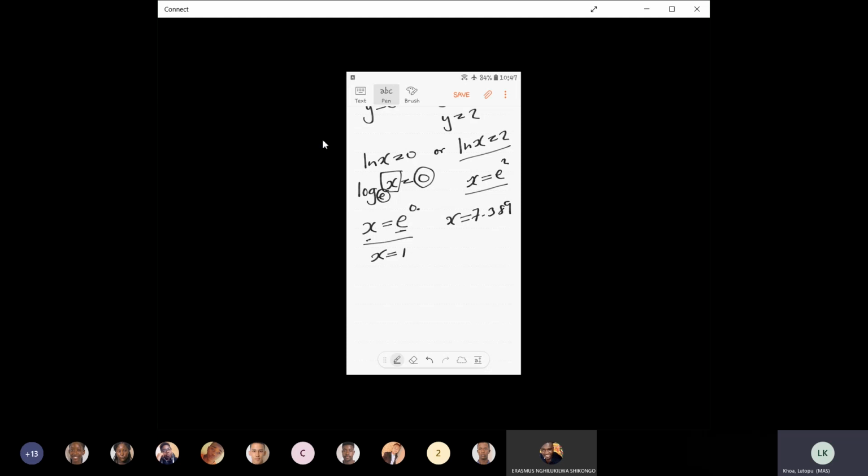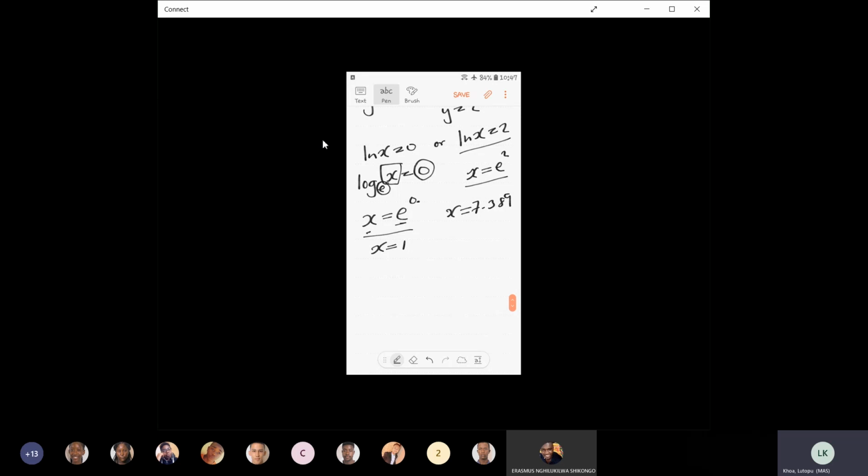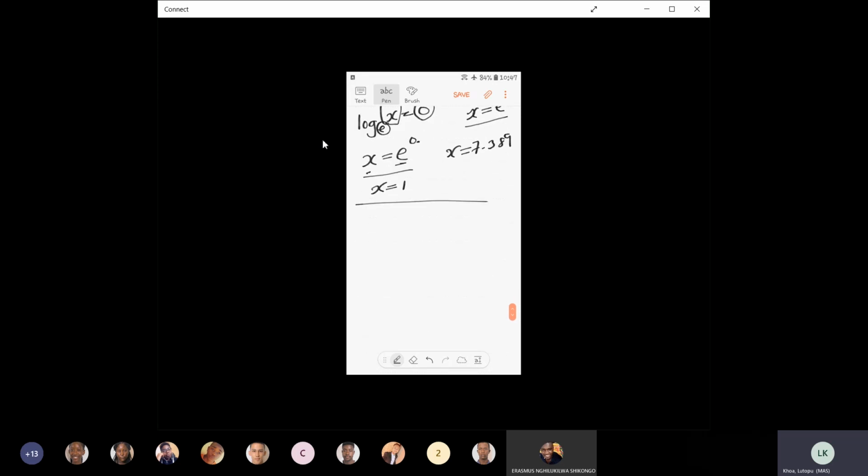I will do just one more, number 27. We have (log base 3 of x) squared minus log base 3 of x squared.